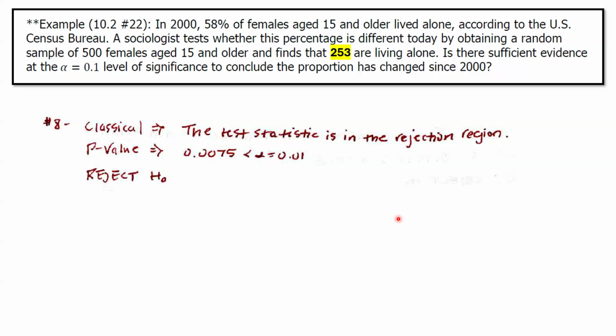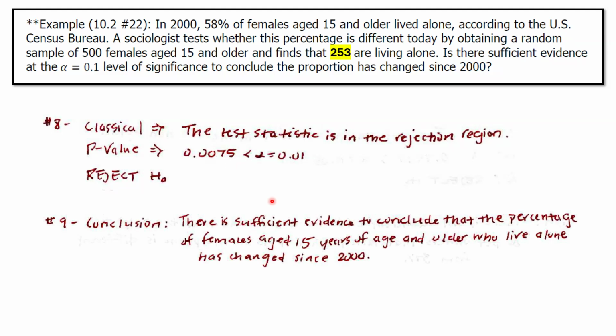Then using the p-value approach, we compare our p-value from our data to alpha. And alpha here is 0.1, not 0.01. And we find out that our p-value is less than alpha. So both of our approaches state that we need to reject the null hypothesis.